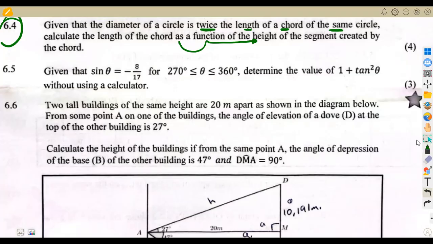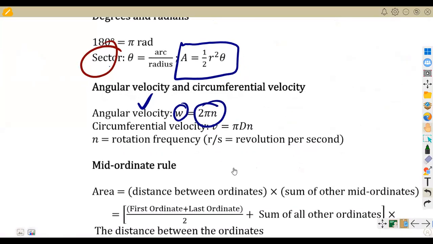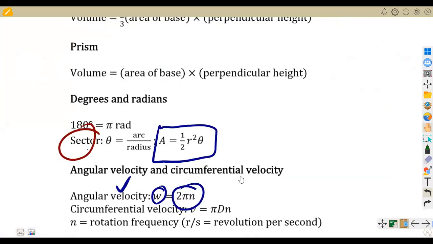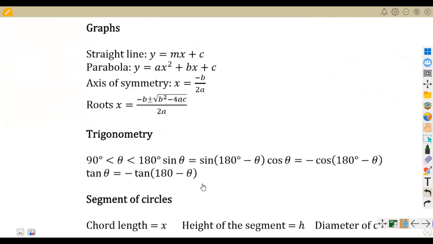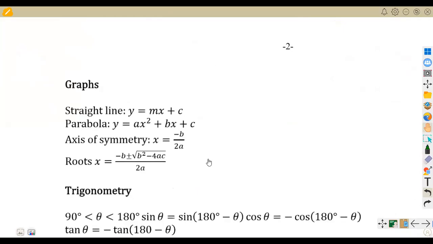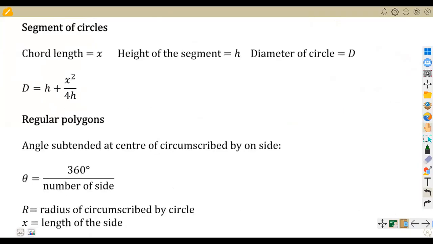All right, there's this formula that we know, and it's better that we've got the formula sheet, so I'm just going to explain something that you can also properly see and we understand each other. On this formula here, if you're dealing with segments of circles, the chord length is given as x, the height of the segment as h, the diameter as d.